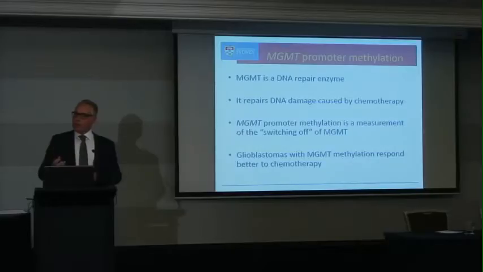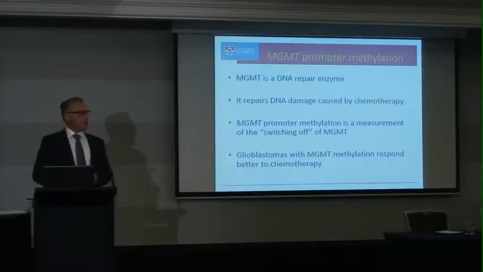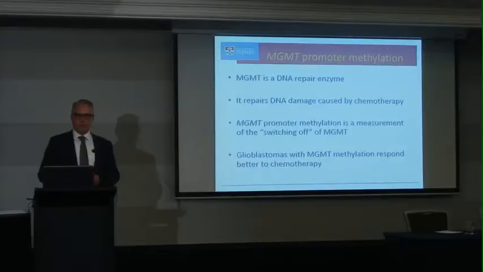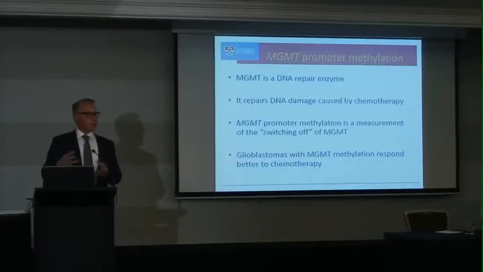But in a tumour, when we actually want to try and damage the DNA with chemotherapy or with radiation, we're trying to get the tumour to die, and one way of doing that is damaging the DNA. In the tumour, the presence of MGMT is actually not helpful, because whatever damage you do, it then goes and tries to repair it.